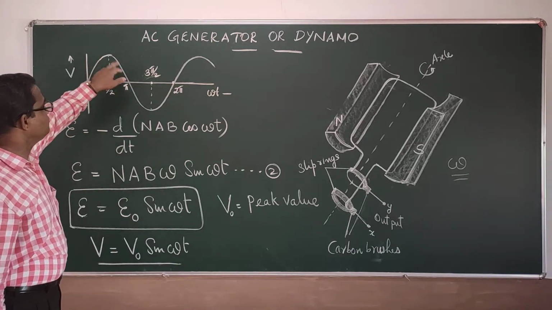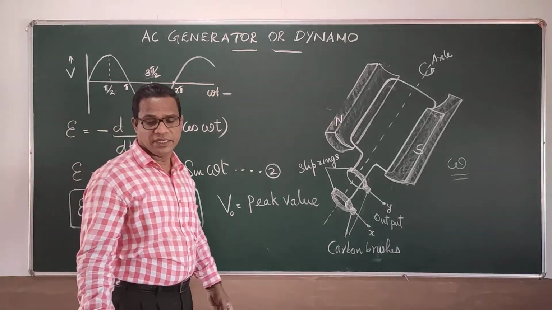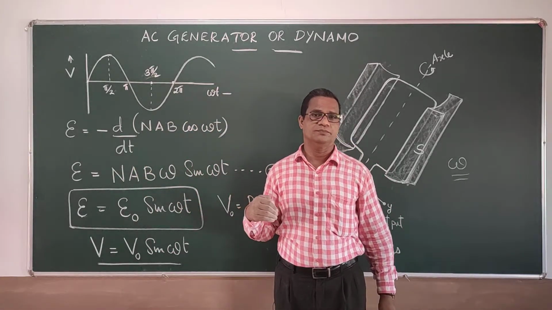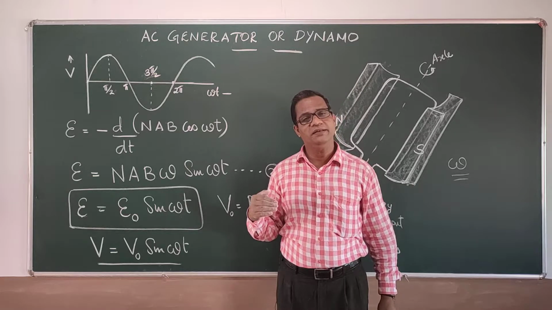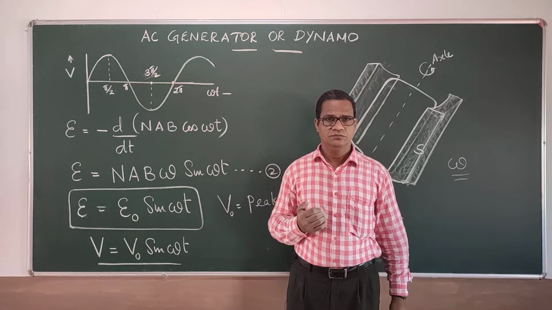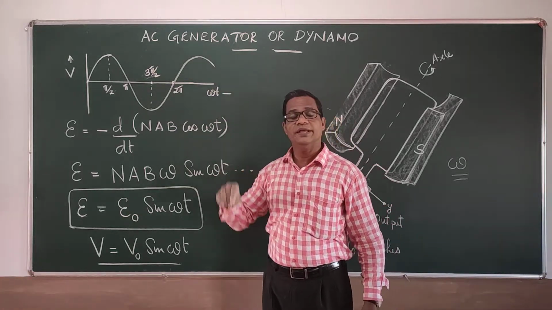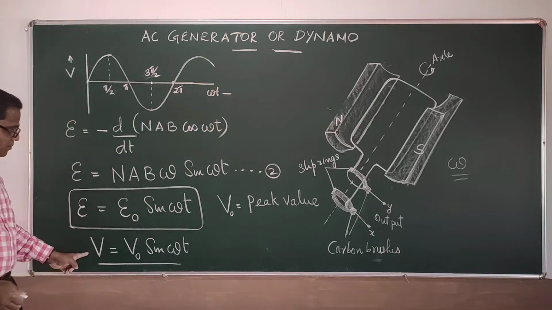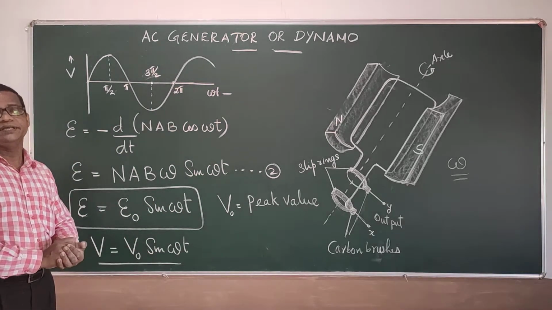So this is the sine wave output you are getting, and we call this an AC output, an alternating voltage output. That is why the generator is called an AC generator. And this is the way we represent an AC voltage.